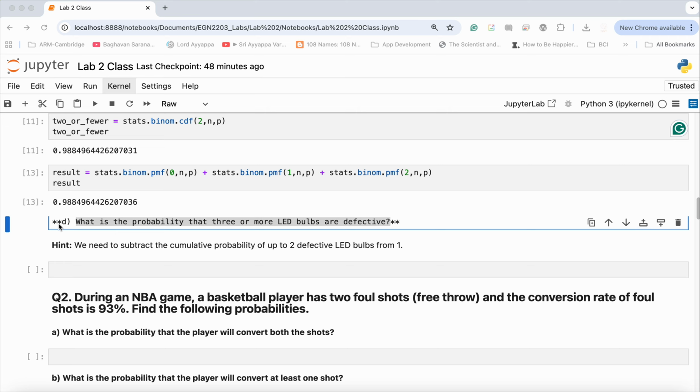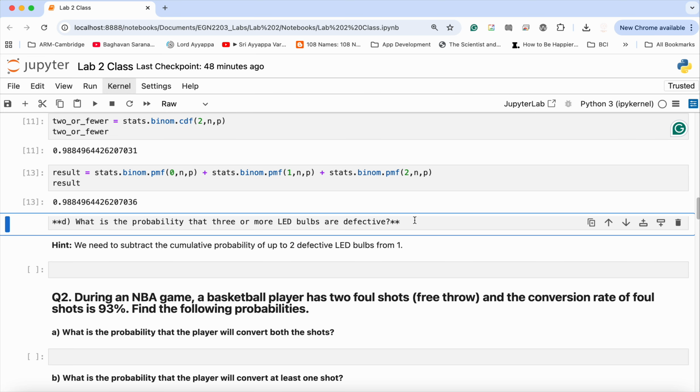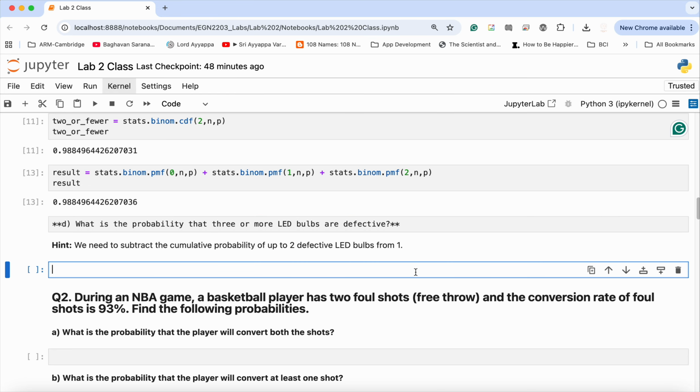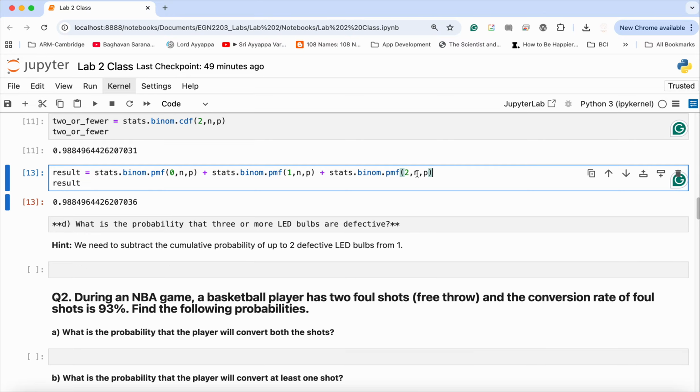Now how can we solve this? 3 or more means 3, 4, 5, 6, 7, 8, 9, 10, 3 all the way to 10. Now, definitely you can do that using this approach, but it is not efficient.